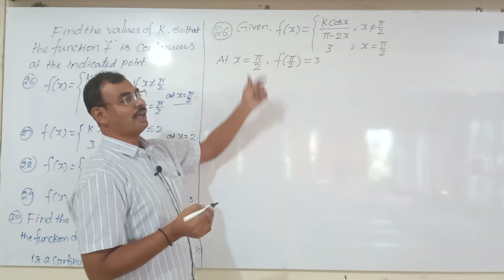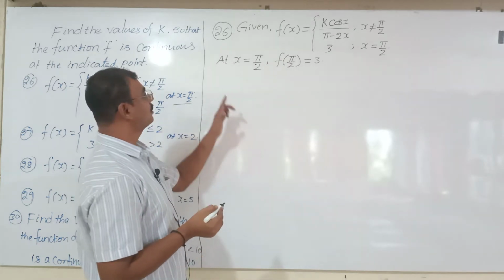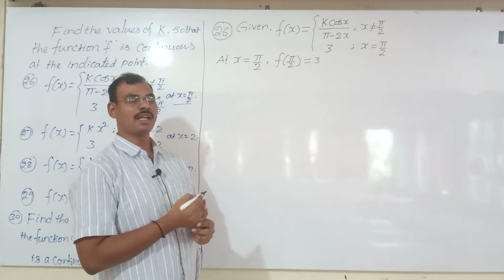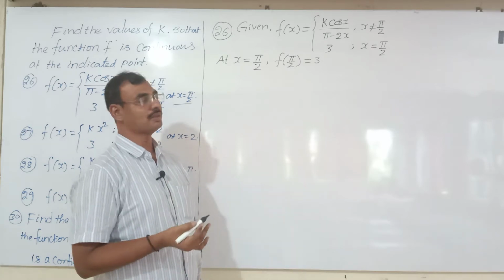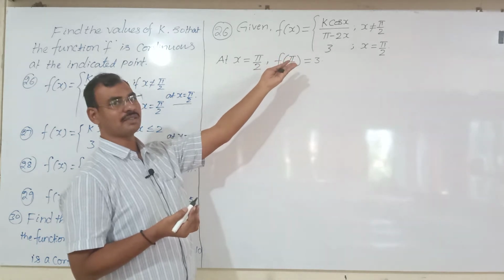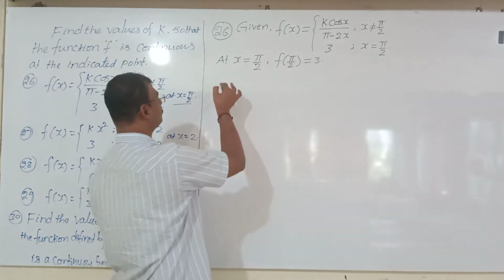Now I have to find the limit of the function. So here we need not find left hand limit and right hand limit. Directly find the limit of the function, because there is no inequality here, there are no breaking conditions, so we do it directly.